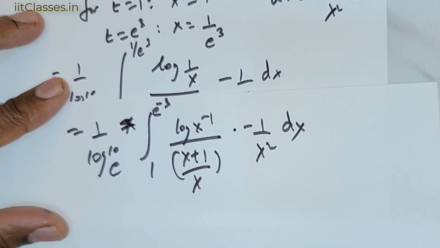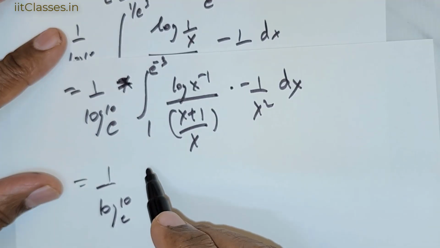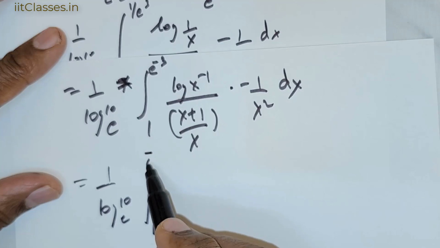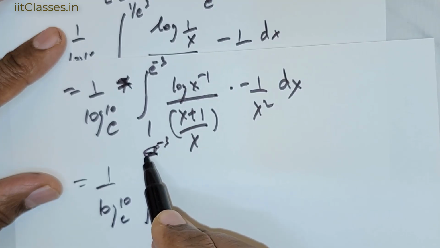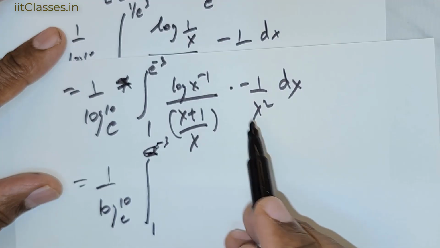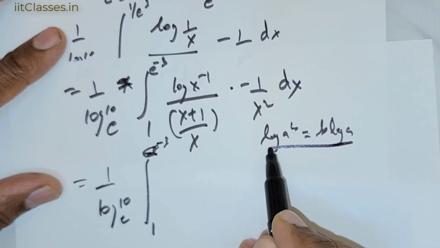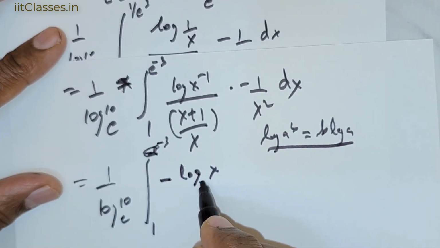So this is 1 over log 10 to the base e, integral from 1 to e raised to the power of negative 3. Now there's a formula: log a raised to the power of b is b times log a. So this is negative 1 times log x, base e.